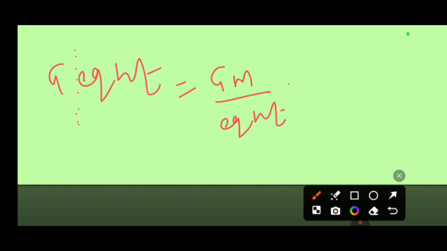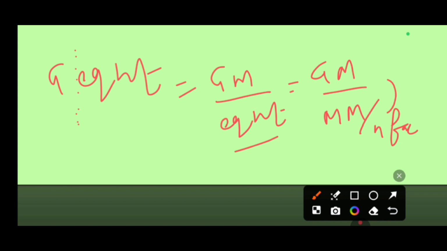I will write it again. Gram equivalent weight. How can you learn it? You can keep it in your mind like this. Gram comes upside, so you write given mass upside and equivalent weight down. Given mass divided by equivalent weight is equal to molar mass divided by n factor. Then the n factor you can write upside.